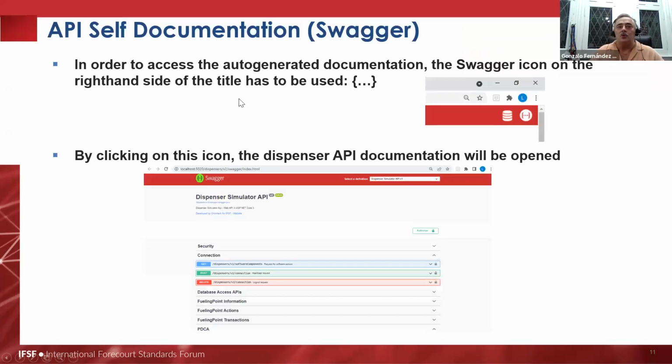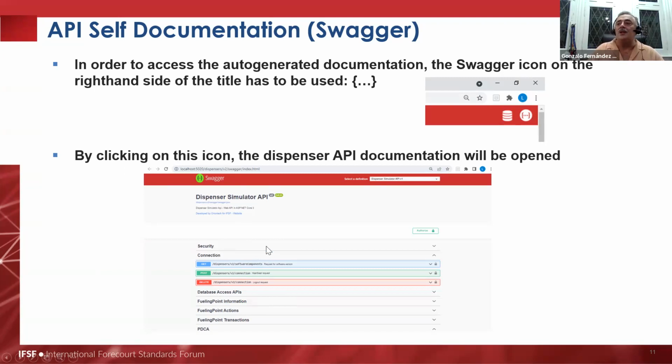So using the self-documentation, I will first display it here, and then we'll see an actual demo. As I showed before, with this icon, we can open all the Swagger documentation files. And this is all the self-documentation of the APIs. You will see the complete list of APIs, and you can run the APIs here.